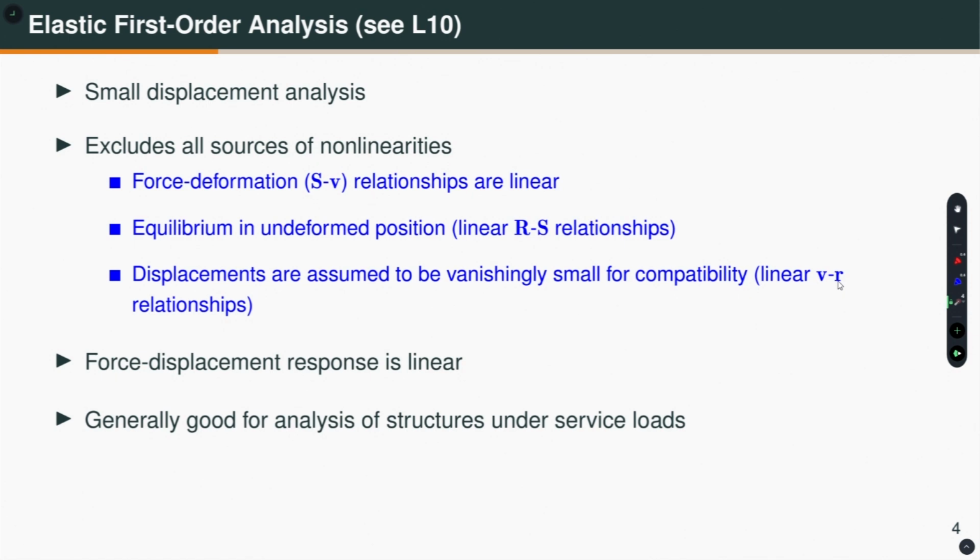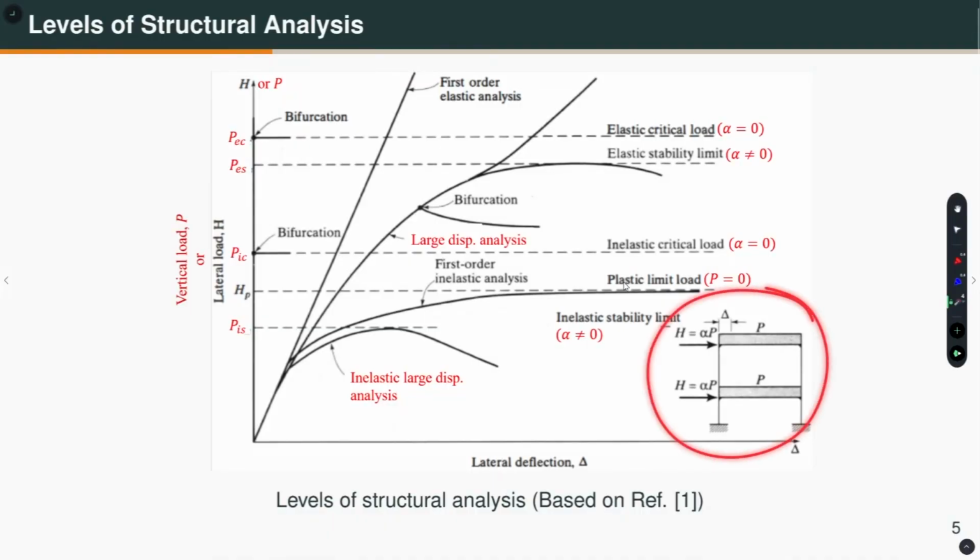So, therefore, the resulting force displacement relationship for a structure is also linear, and this is generally good for structures under service loads. On this figure which I introduced in the previous lecture, if I look at this building and do an elastic first order analysis, let us say this is the gravity load P on each floor, and then you have a lateral load H, which is a fraction of the gravity load, and that coefficient is alpha, right.